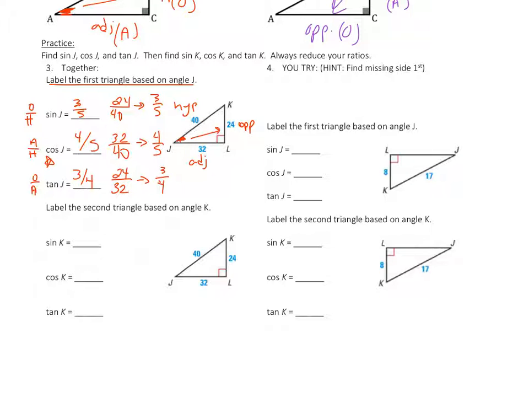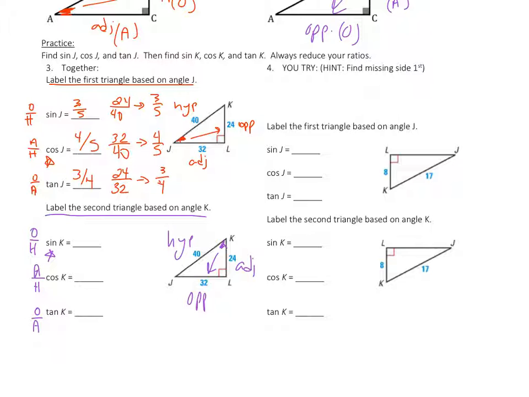So it always makes a difference of what the angle is as well. For down here, we're going to do the same thing, same triangle, but now it's based off of angle K. So the sides we label will be different based on the angle that we are using. The hypotenuse is still the 40, but adjacent and opposite are switched. For the sine, I want you to set up sine now and make sure you reduce your fraction.